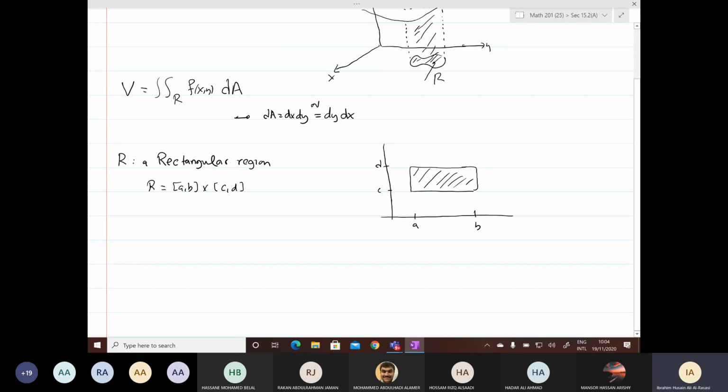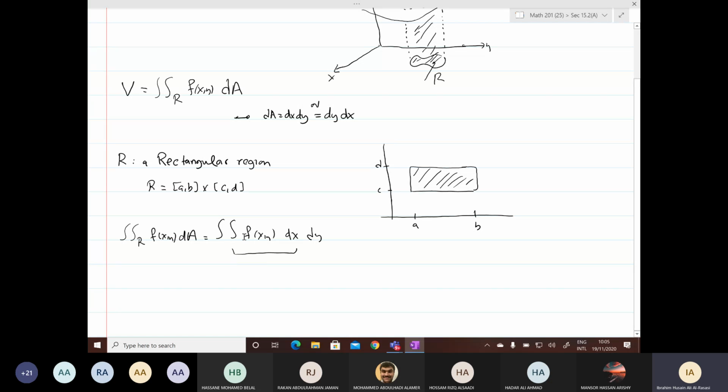In this case, to set up the limits of integration, the double integral of f(x, y) dA equals the double integral of f(x, y). Now for dA, we can choose dx dy or dy dx. Both will work. I can choose dx dy. If I choose dx dy, then the inner integral goes with the inner differential, and the outer integral goes with the outer differential.